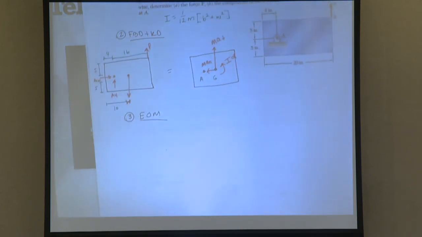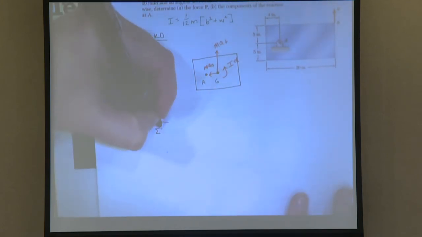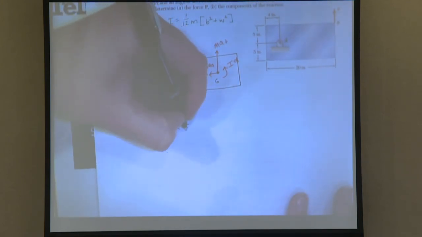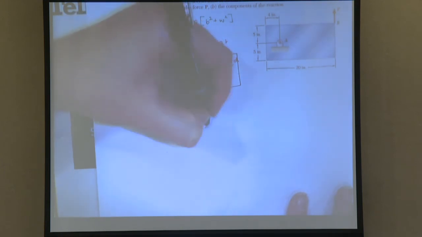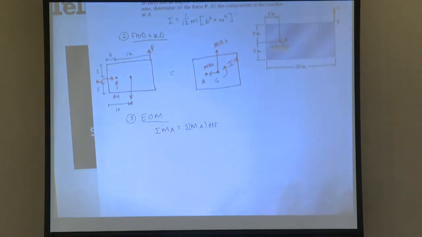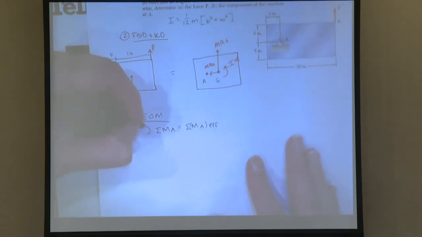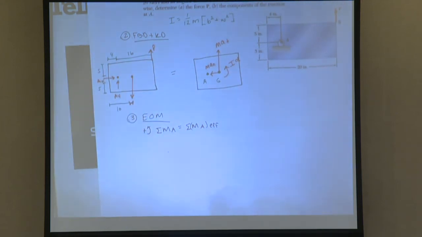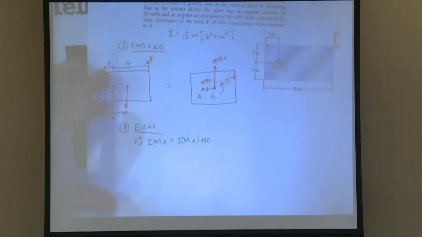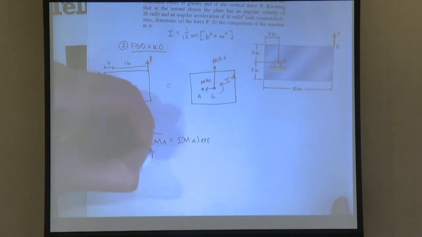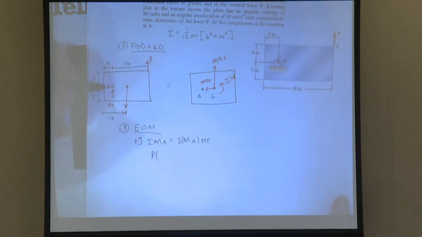If I take the sum of moments about point A, that's just me writing my equation out. I'm going to say that counterclockwise is positive. I change them up, but I always try to make sure I indicate which one I choose. So about point A, I'm going to have P times, what's that distance going to be?